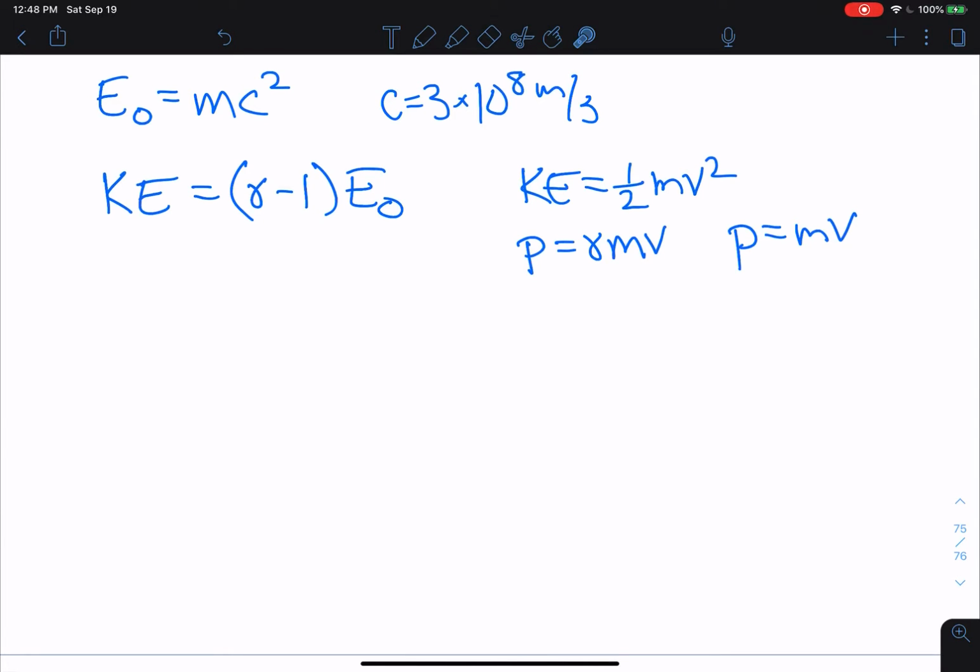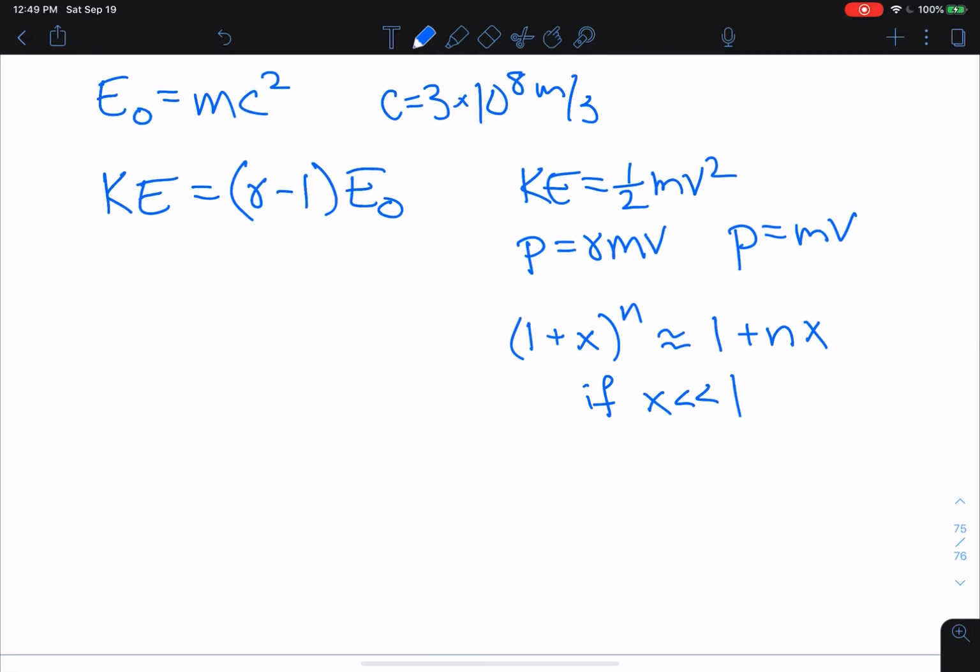There's an approximation using what's known as the binomial theorem, where if you have an expression like this, 1 plus x raised to the n power, this is approximately equal to 1 plus nx if x is much less than 1.